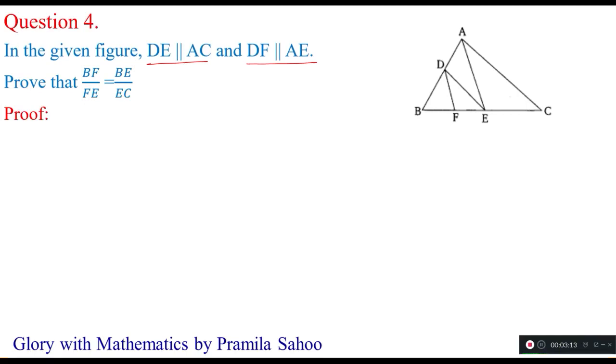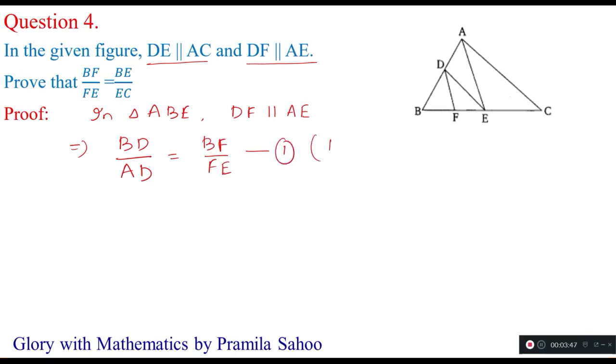First you take the triangle ABE. DF is parallel to AE. So this implies BD by AD is equal to BF by FE. This is equation 1. This is due to the basic proportionality theorem.